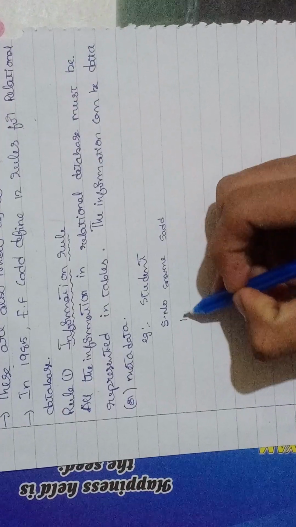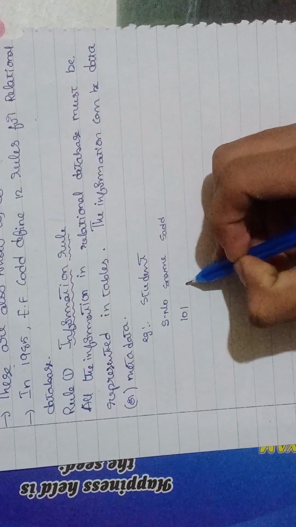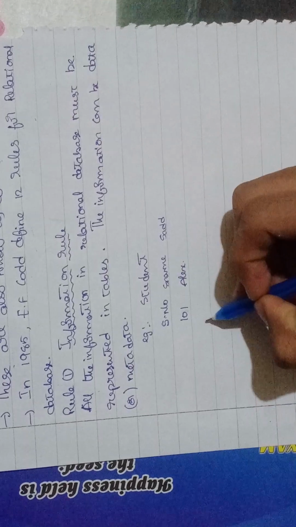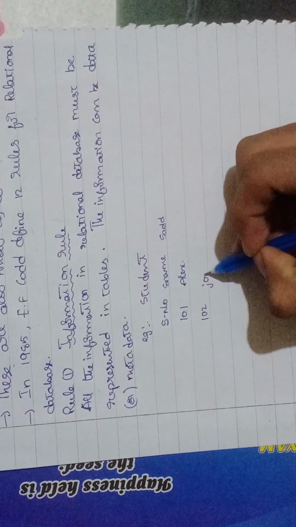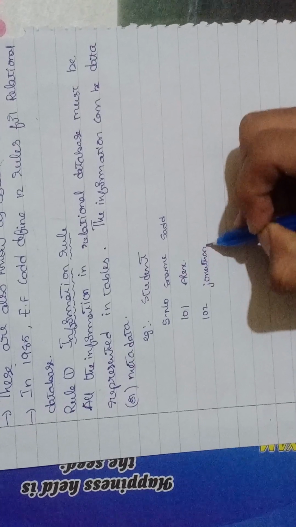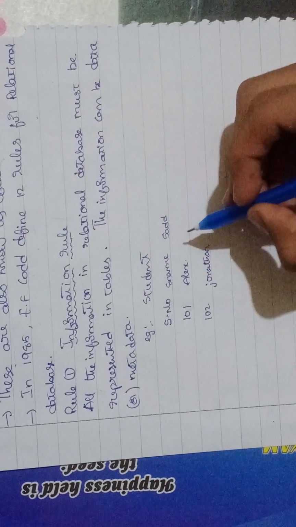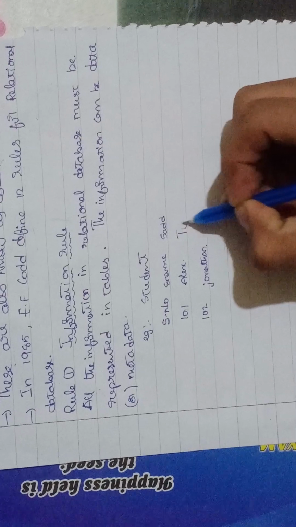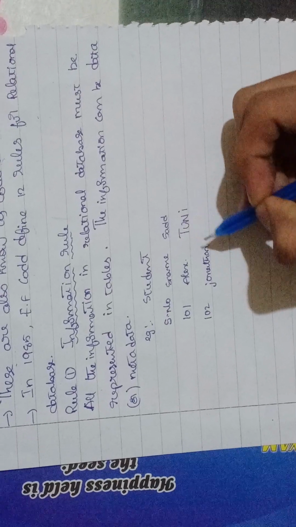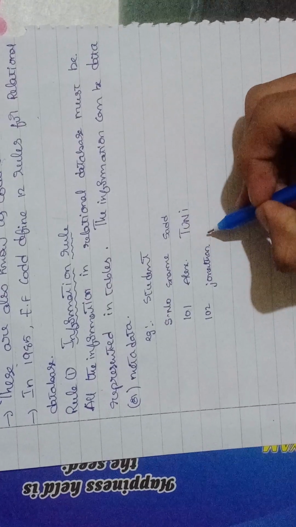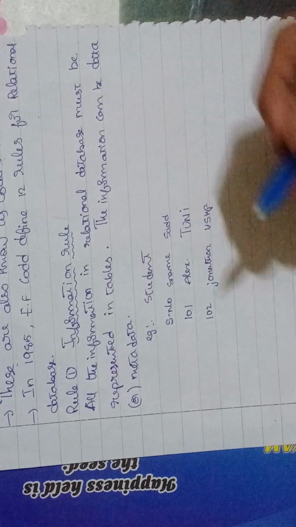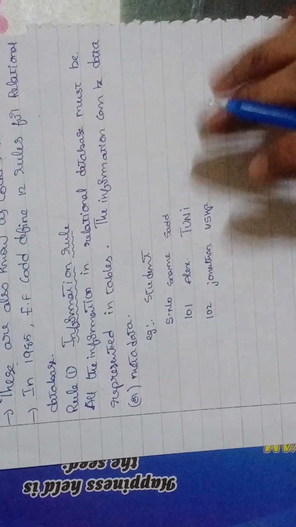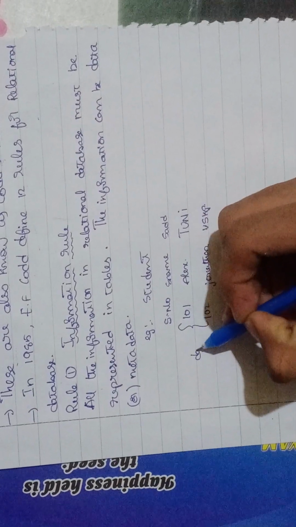For example, we can take 101 Alex, and 102 Jonathan. Alex's address is Tuni and Jonathan's address is Visakhapatnam. Here this is the data.